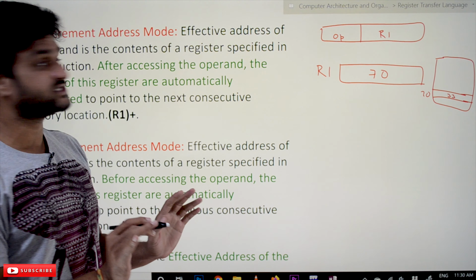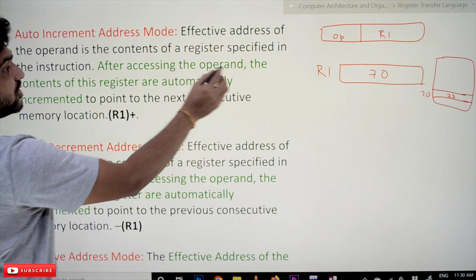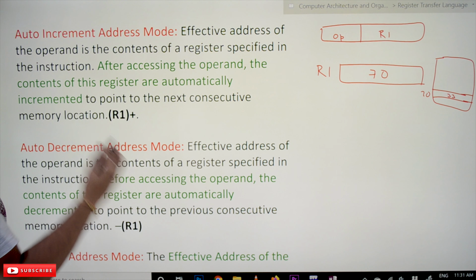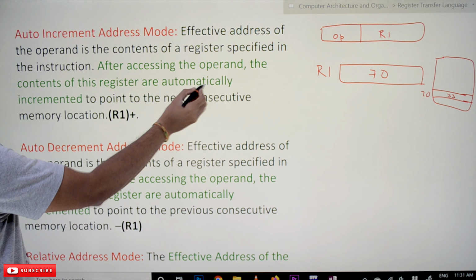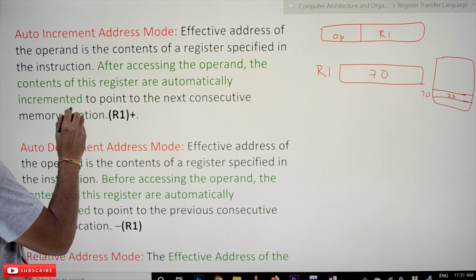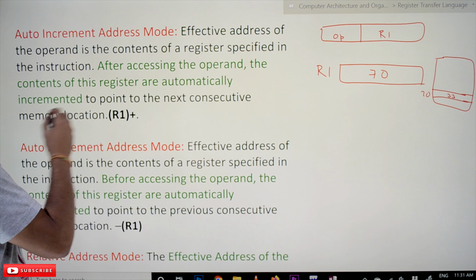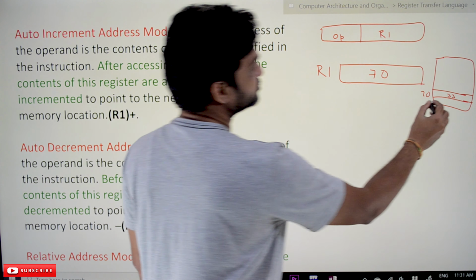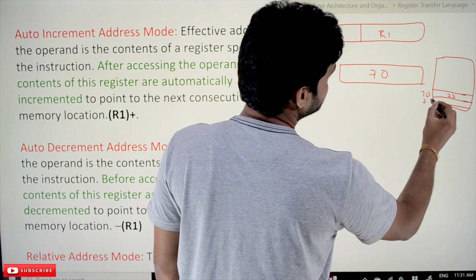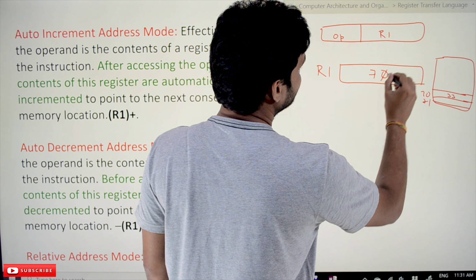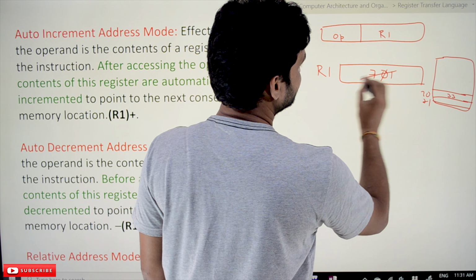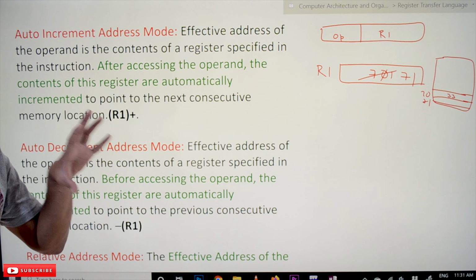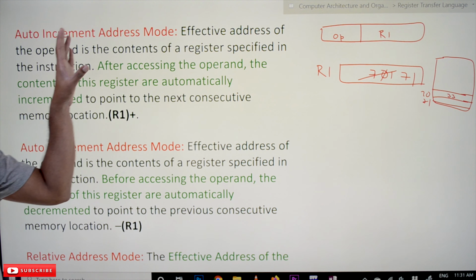But the difference is, after accessing the operand 33, the contents of this register are automatically incremented to point to the next consecutive memory location, that is 71. So from 70 it will get incremented to 71. That is what we call auto increment address mode.